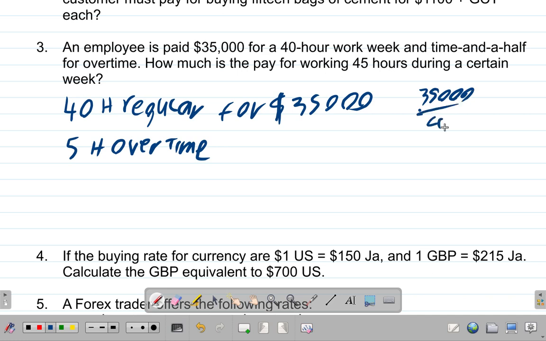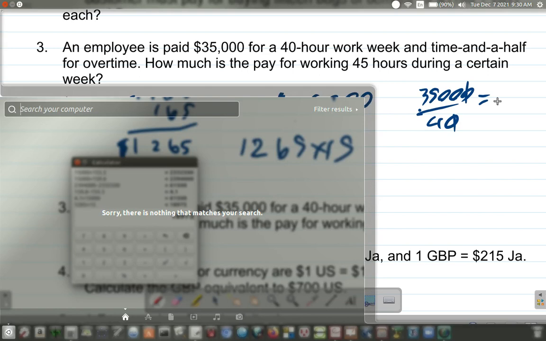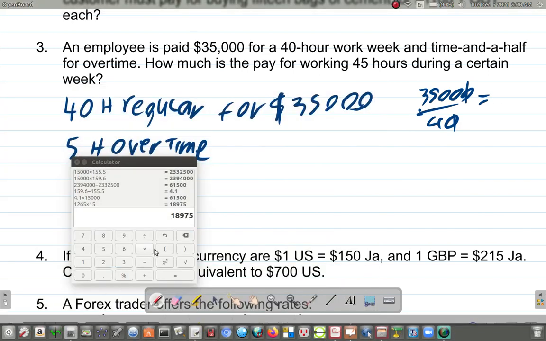Now, $35,000 divided by 40 hours, it will be like 3,500 divided by 4, that will be $875 an hour, right?